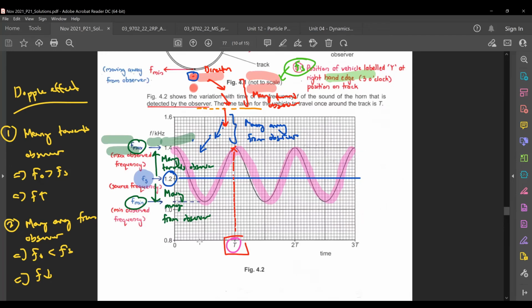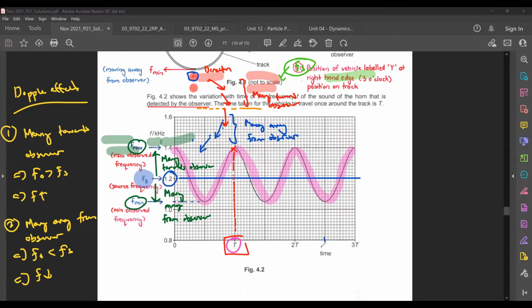Wait, no, this one is 2.25T. This one will be 2.5T. Let me just mark it out. This one will be 2.5T. So 2.25T is over here.